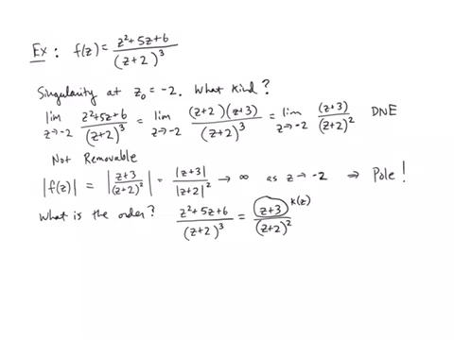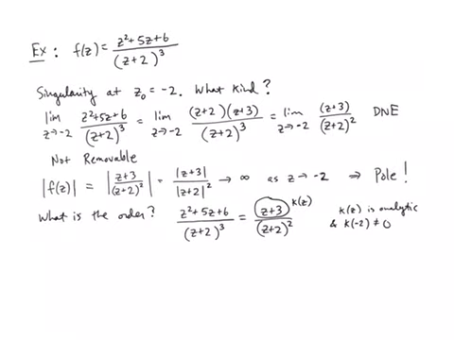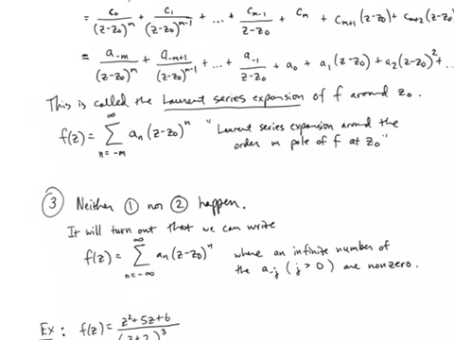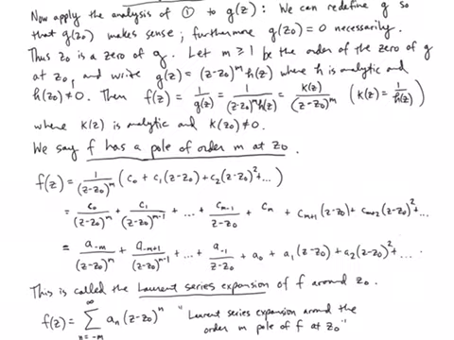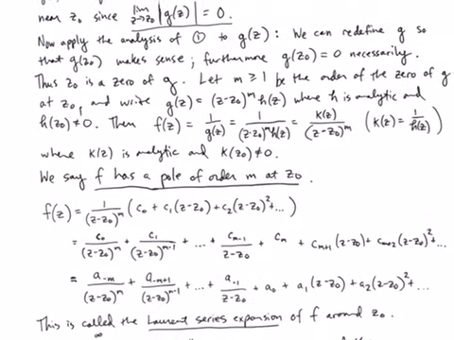This is an analytic function, so k of z is analytic. And when evaluated at the singular point, that does not equal 0. So that's exactly what we had in this case of a pole up here.